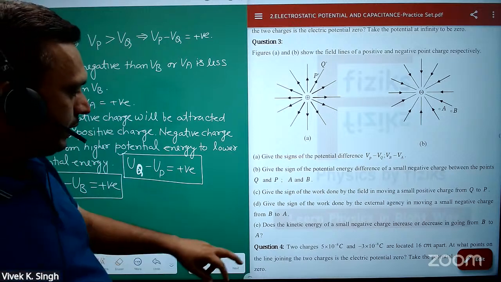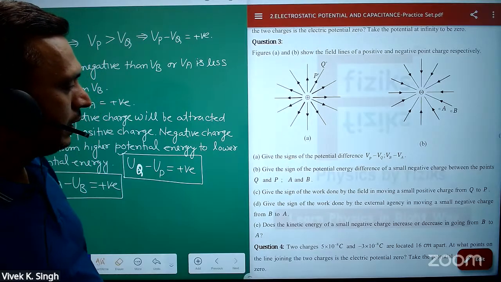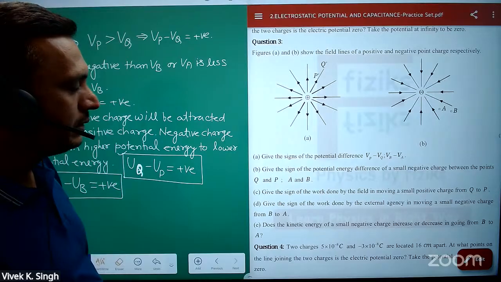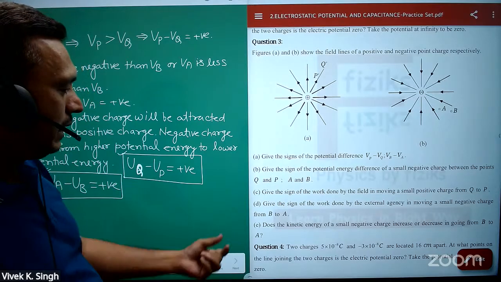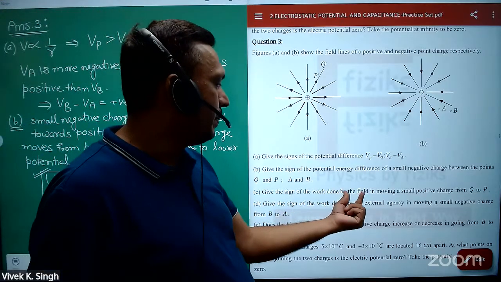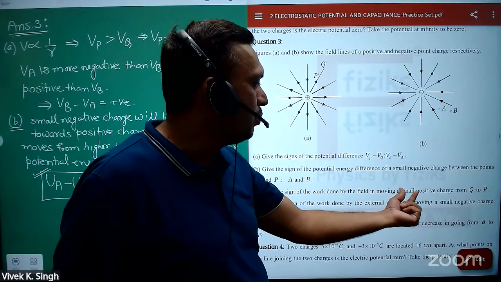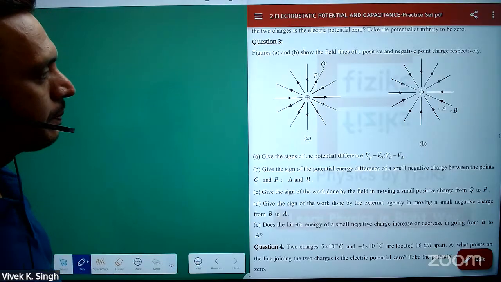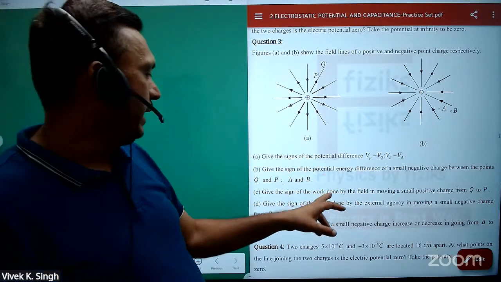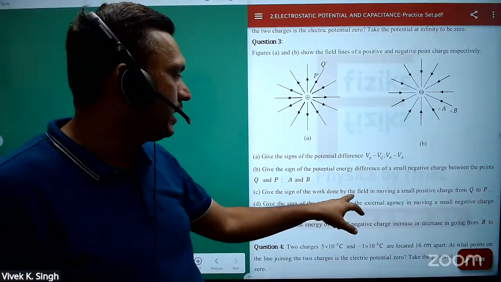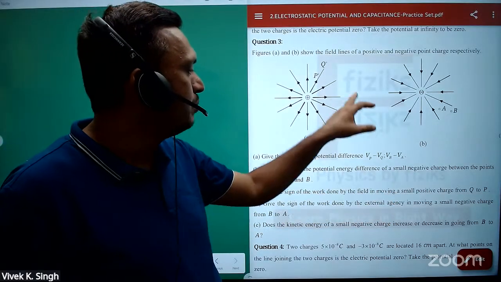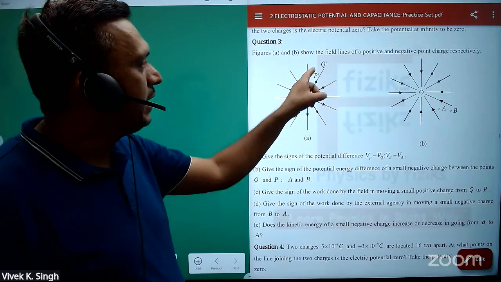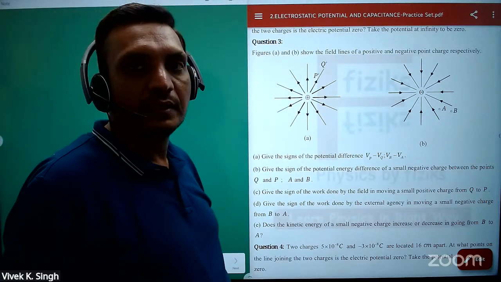Now next point. Give the sign of the work done by the field in moving a small positive charge from Q to P. Because you are moving a small positive charge, work done by the external force will be positive.